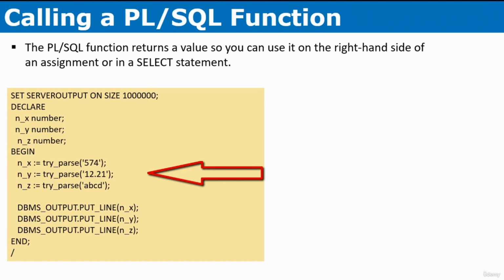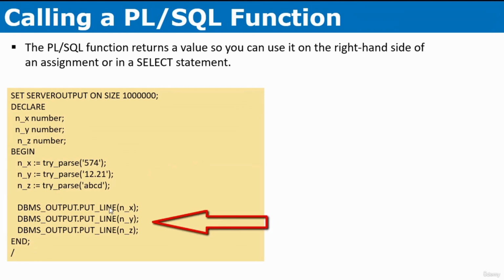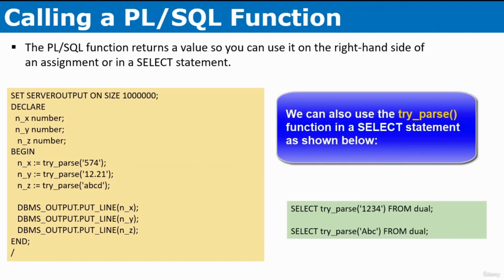Each of the variables is initialized by assigning them to the function, and we are also passing values for the functions to use in the execution. So in the output here, we are going to output the values of each of the variables. We can also use the try_parse function in a select statement as shown here.